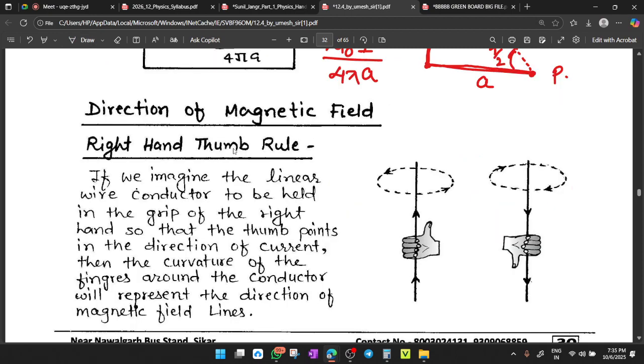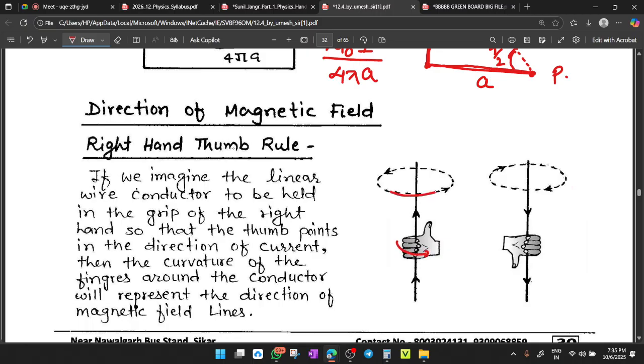Now, direction of magnetic field. Yesterday I told you how to identify the direction of magnetic field. Just hold the current in the direction of the thumb and curl your fingers. The way your fingers curl is the direction of the magnetic field. Clear? So here the magnetic field is like this.